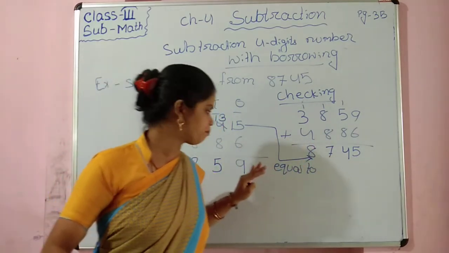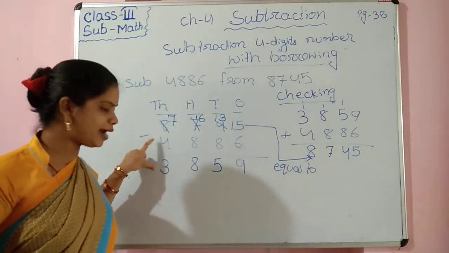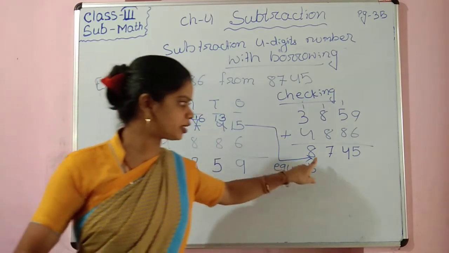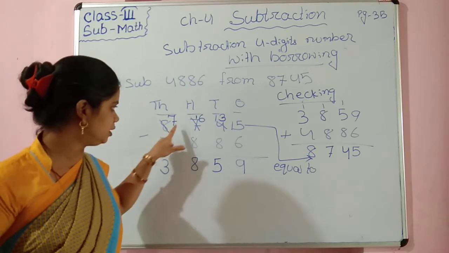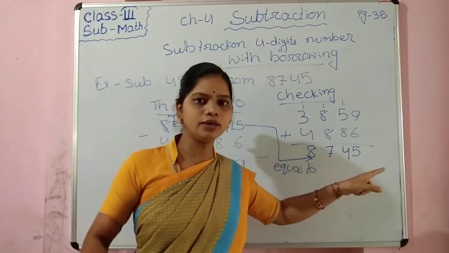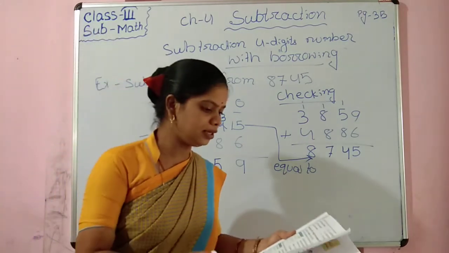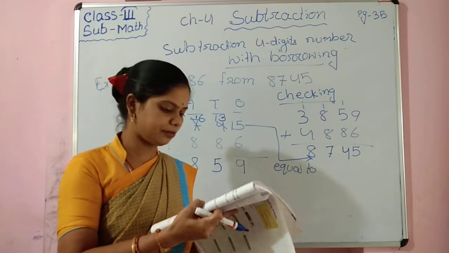Did all of you understand? We add these two numbers, and if we get the larger number, then our answer is correct. This is the checking of subtraction of 4-digit numbers with borrowing.